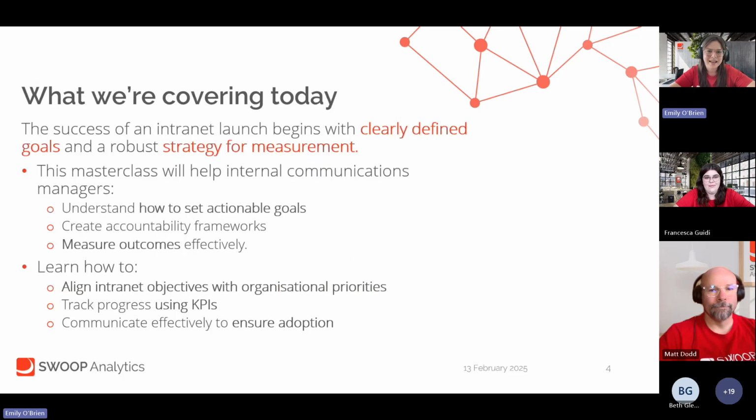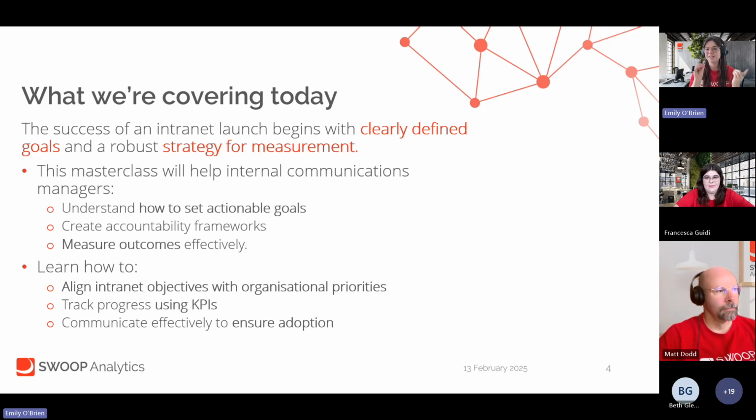Let's give you a bit of a flavour of the types of things that we're covering today. We want to make sure that you have everything you need to set more clearly defined goals for your intranet. Analytics, measurement and data are all going to be really important things to factor in when you are improving your intranet.